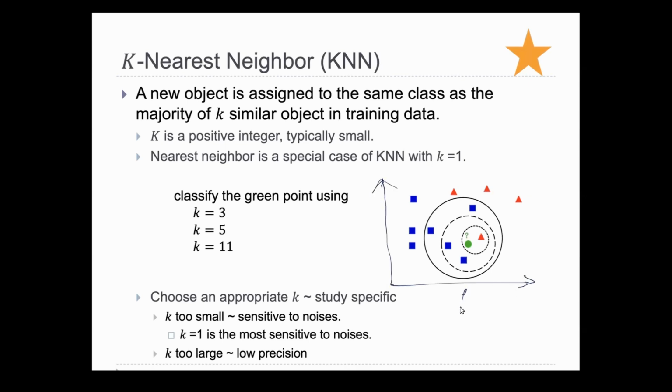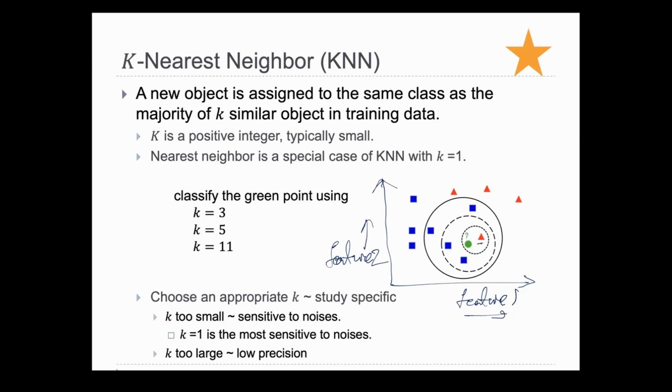Feature 1 is plotted along this axis, and this is feature 2. Now, the blue data points belong to one class, and the red data points belong to another class. Our objective is to classify this green data point.